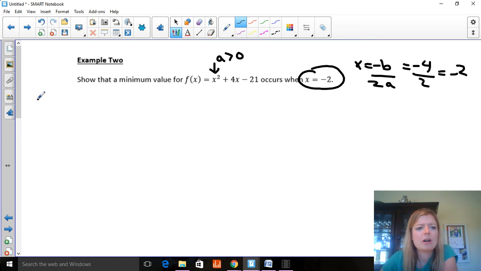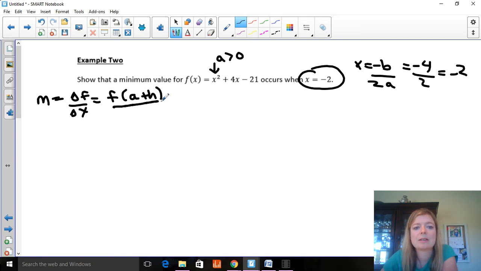So let's recall that the average rate of change is just delta f over delta x, which means the change in f over the change in x. So when we do this, f at a plus h minus f at a, all over h.